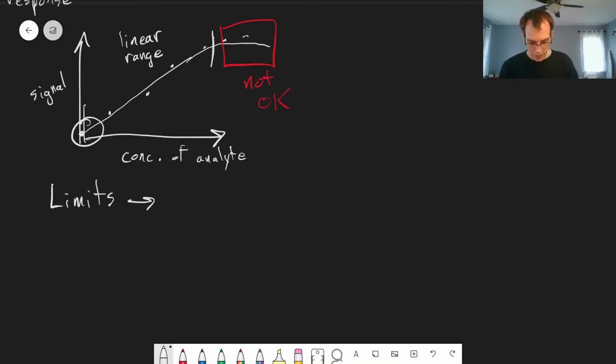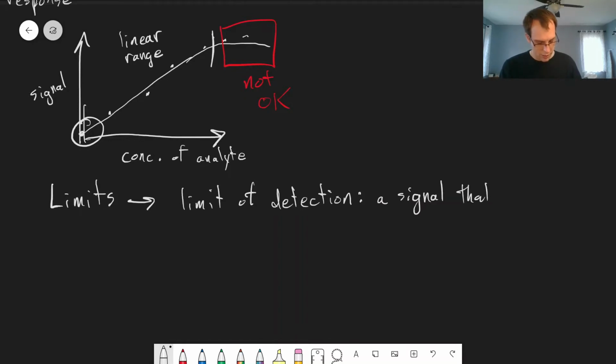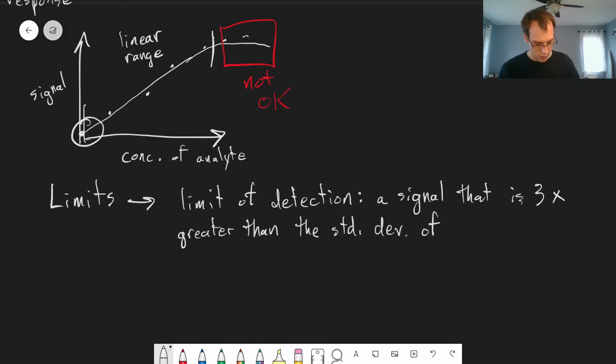We have the limit of detection, and the accepted definition of this is a signal that is 3 times greater than the standard deviation of the signal from a blank.